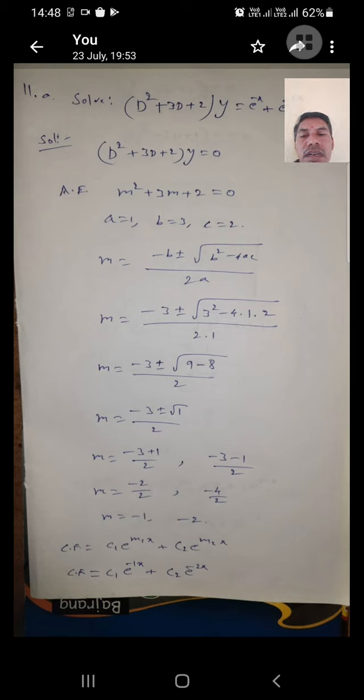So here half of the part is over, that's why we say the complementary function equals c1 e power minus 1x plus c2 e power minus 2x. And for the right side terms we have to find PI also.